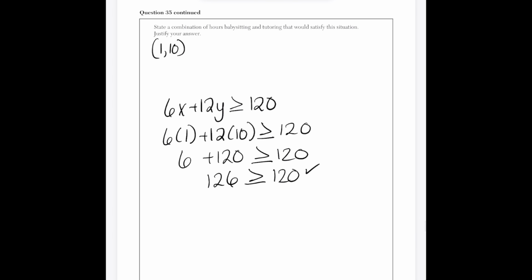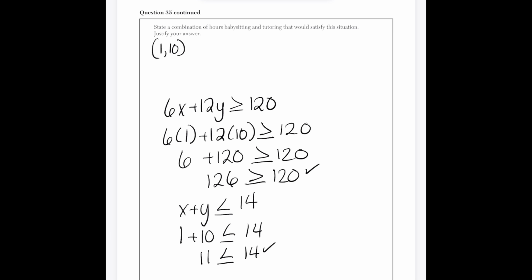And now I'll use my second set. x plus y was less than or equal to 14. And 1 plus 10 is less than or equal to 14, and that's true. 11 is less than or equal to 14. So this combination works algebraically, and now I just need to justify it because it's asking me to state the combination of hours, which I did, that satisfies and justifies the equation.